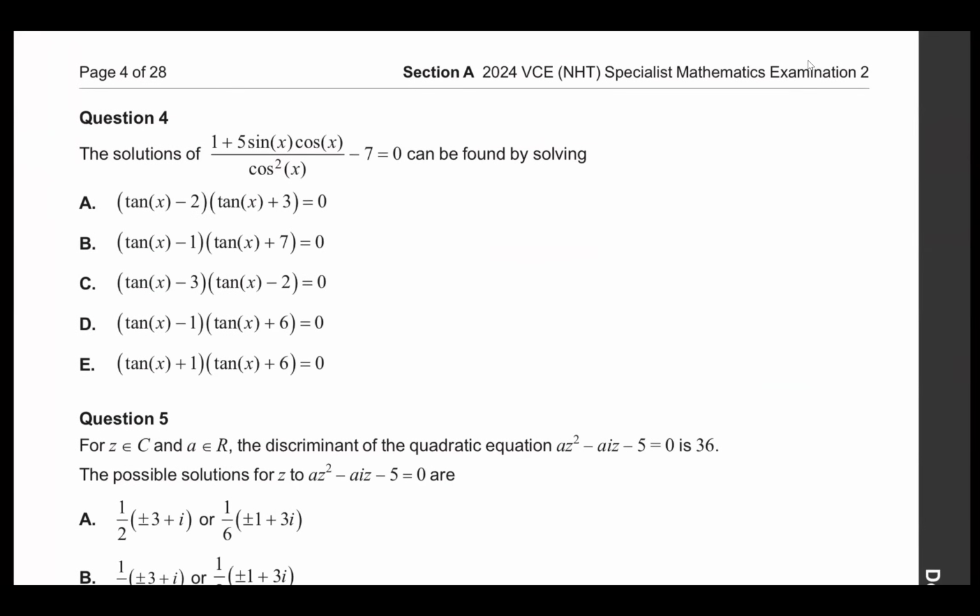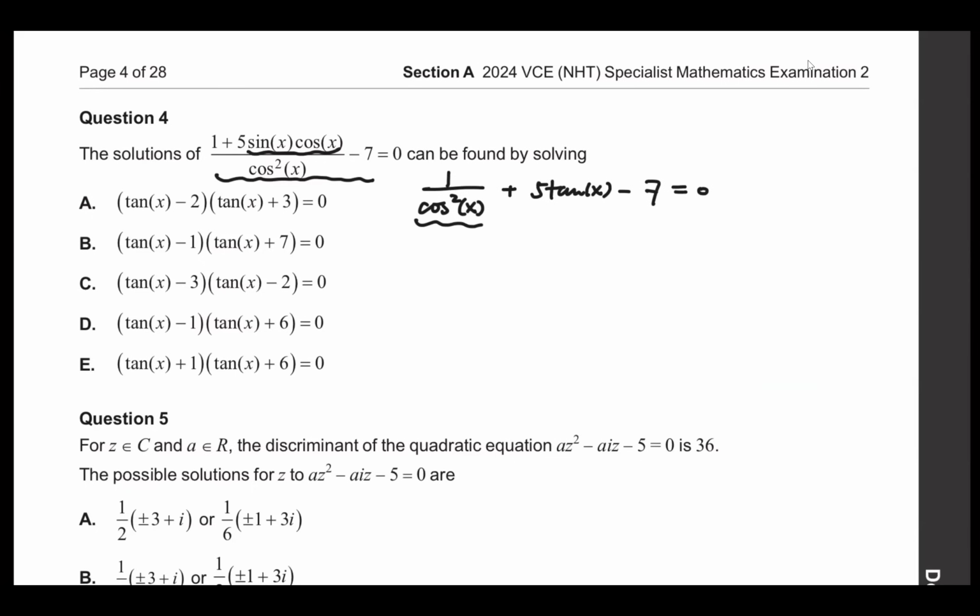Question 4 is really a nice trick and algebra question. We would like to rewrite this whole equation and write it in terms of tangent only. Pretty much, I would split the first part, like 1 over cosine squared x, plus 5 sine times cos divided by cos. This is pretty much 5 tangent x minus 7 equals 0.